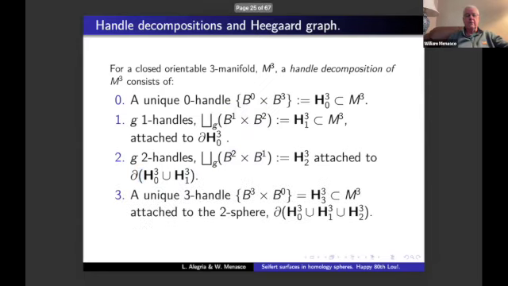And then if you do this right, you end up with your zero, one, and two handles all combined into an object whose boundary is a two sphere, and then you cap it off with a three handle.